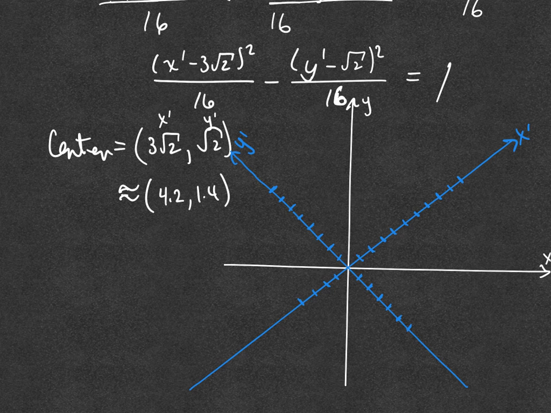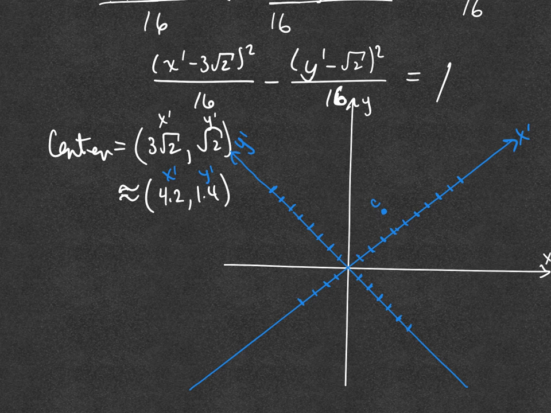All right. So now my center for my hyperbola is approximately 4.2 to the right and 1.4 up. But again, please remember, this is on the x prime, y prime axis. So right 4.2 and up 1.4 is going to put the center of my hyperbola right about there.